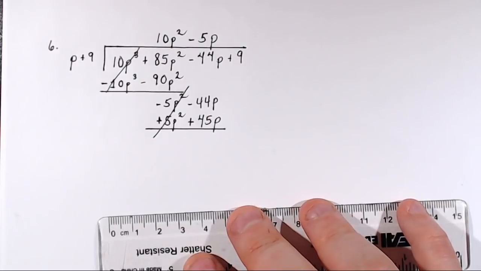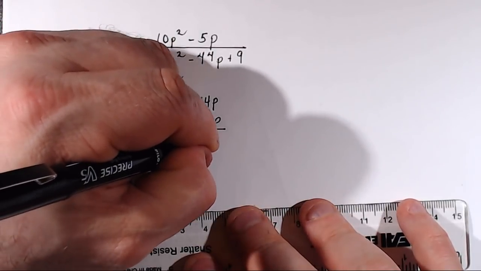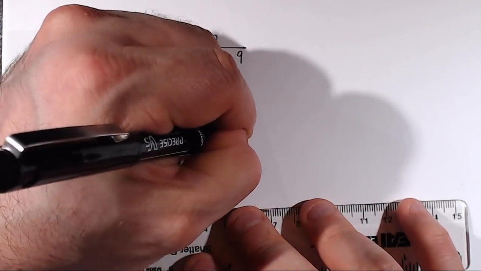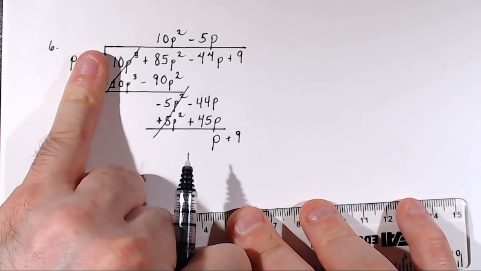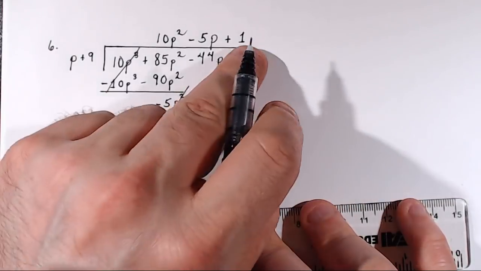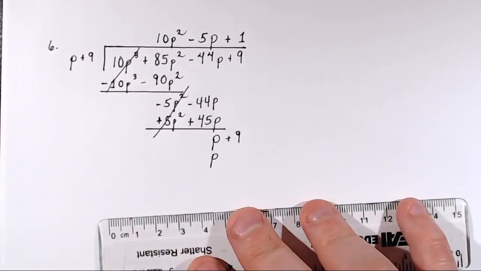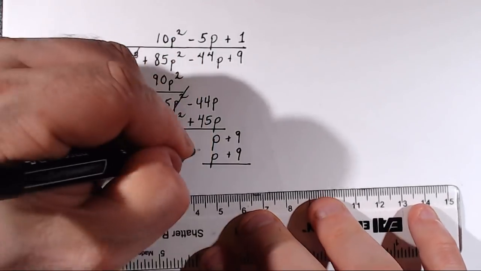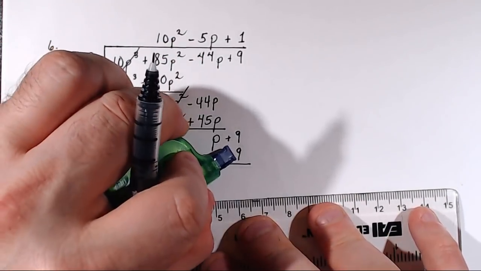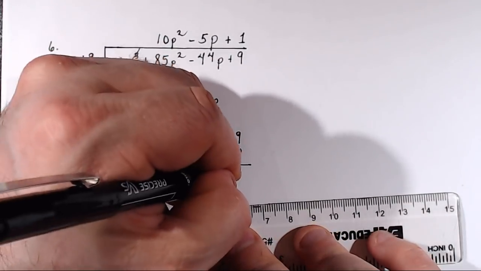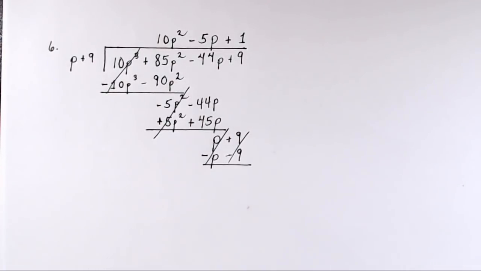These cancel, and you're left with 1p, which we just write as p. Bring down the 9. p times what equals p? 1. So p times 1 equals p, so put plus 1. 1 times p is p. 1 times 9 is positive 9. Draw a line and change the signs. Okay, and that is number 6.